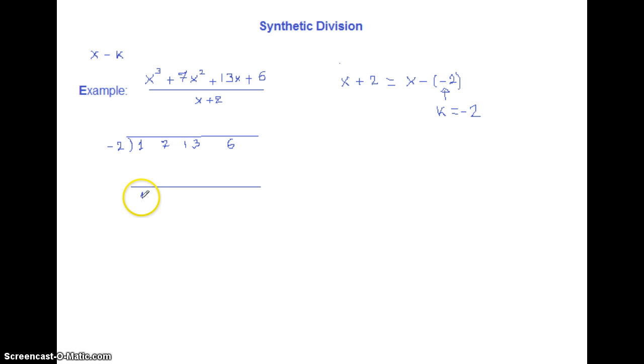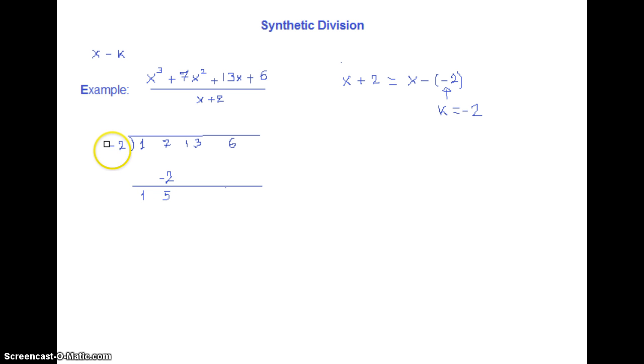Then we multiply the value of k, negative 2, by 1. The result is negative 2. We write it here. Then we add the two numbers, 7 and negative 2 is 5. K times this number, negative 2 times 5 is negative 10. We write the result in the next column, negative 10.